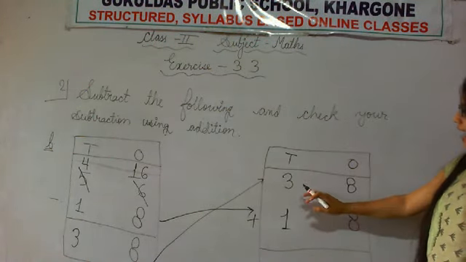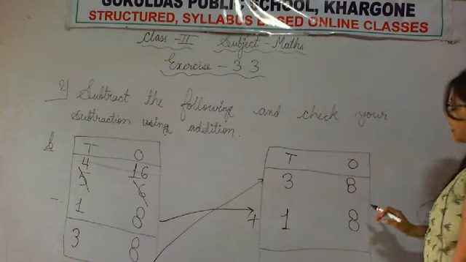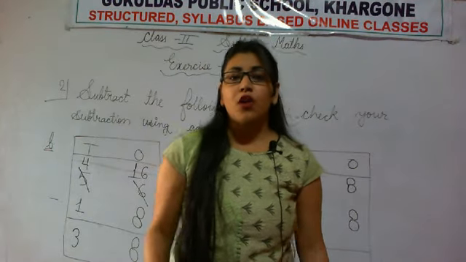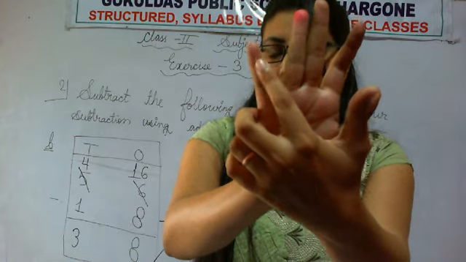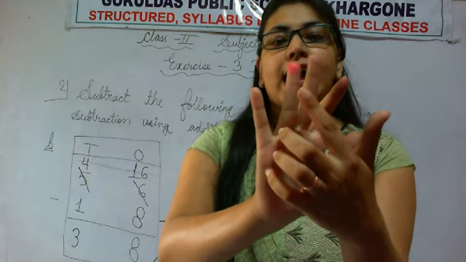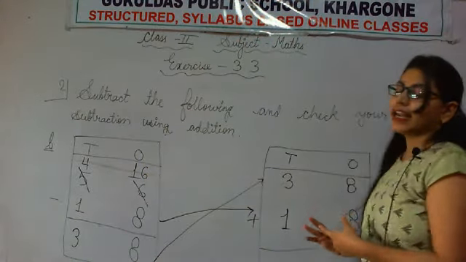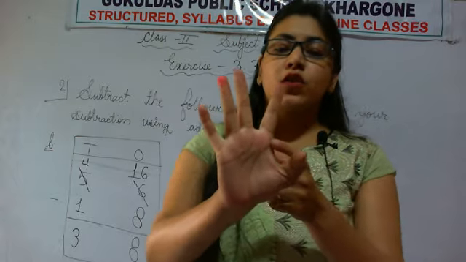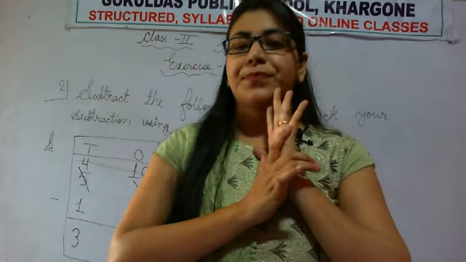Now, let's add both: 8 plus 8. We'll start from the ones position. So, 8 plus 8. First of all, we will count 8 finger marks: 1, 2, 3, 4, 5, 6, 7, 8. Now, once again 8 is there, so we'll count 8 more finger marks: 1, 2, 3, 4, 5, 6, 7, 8.